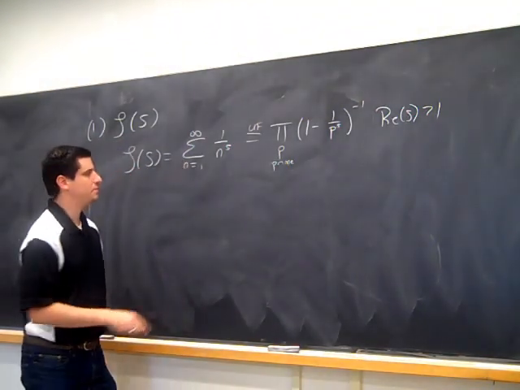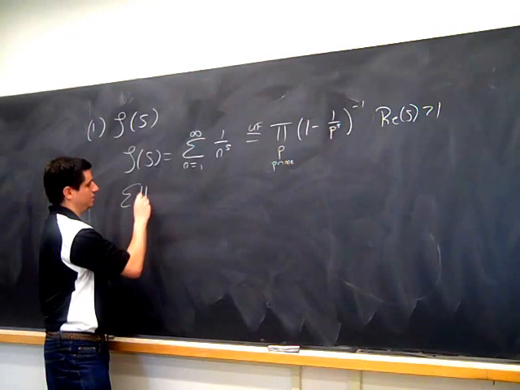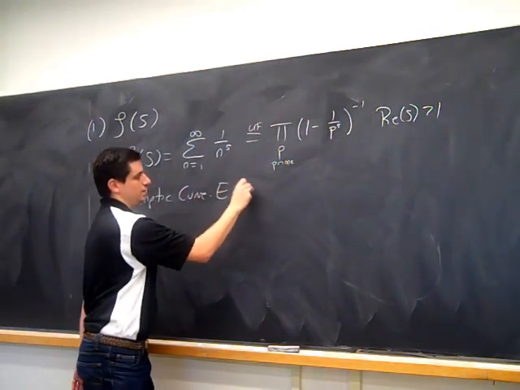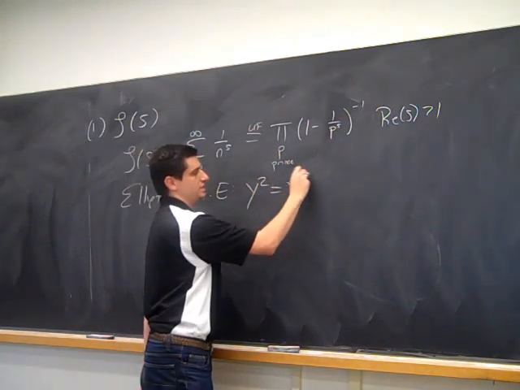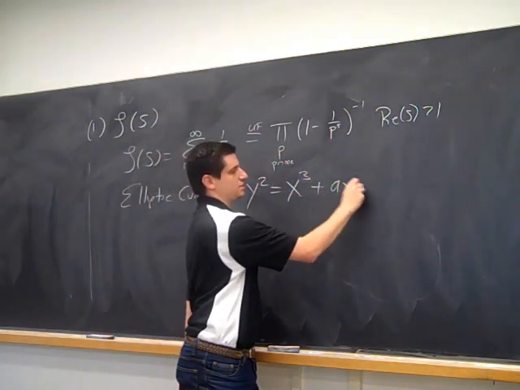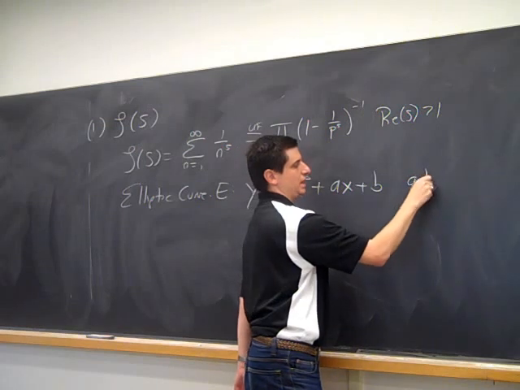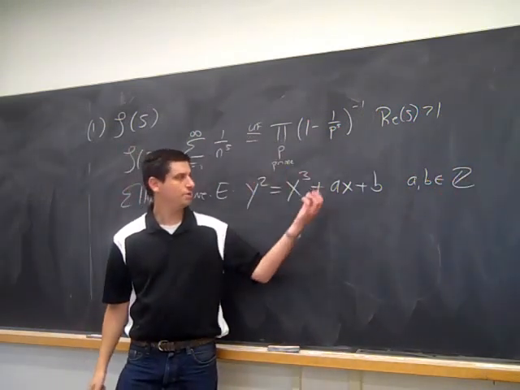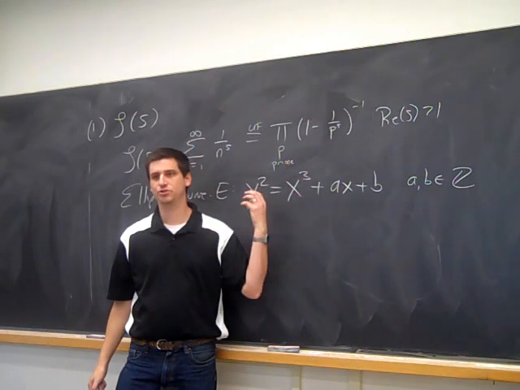So one of the big topics people look at is elliptic curves. So an elliptic curve, say E, is y squared equals x cubed plus ax plus b. Say a and b are integers. And you can look at all pairs of x and y that are rational that solve this.